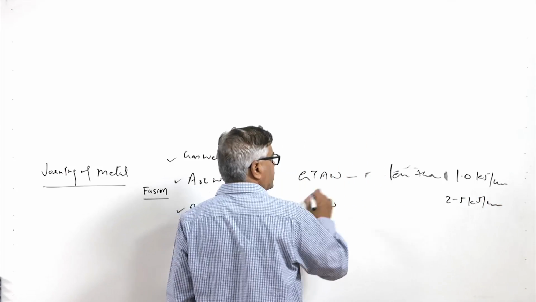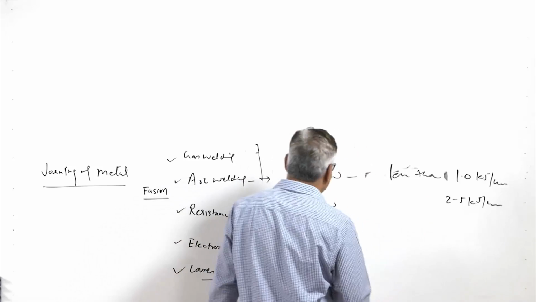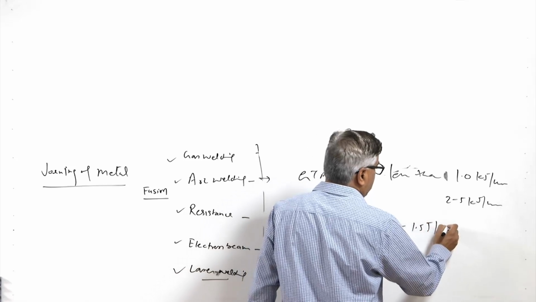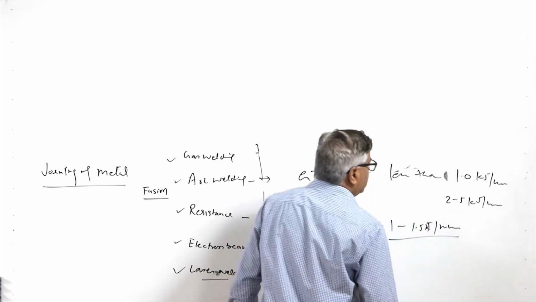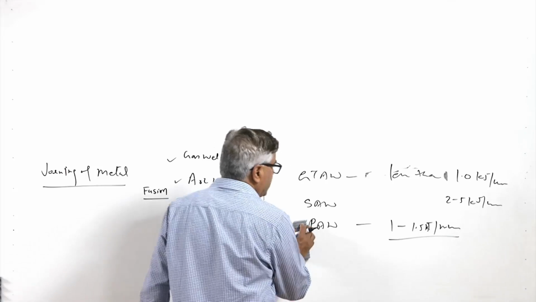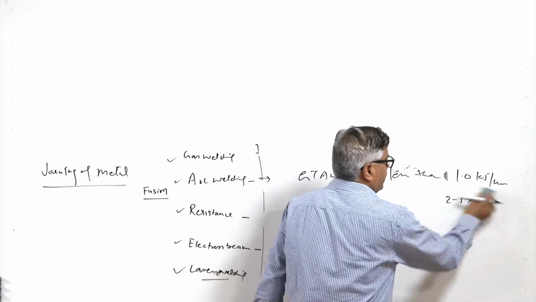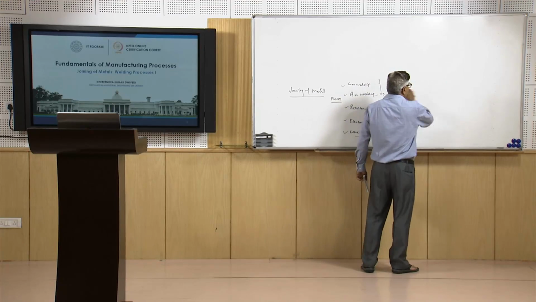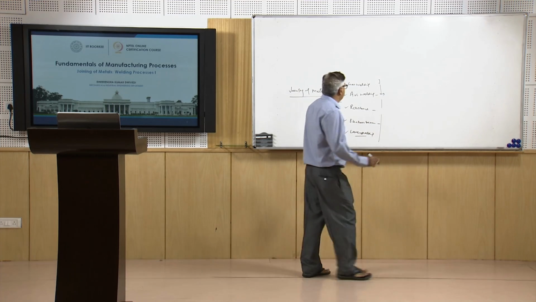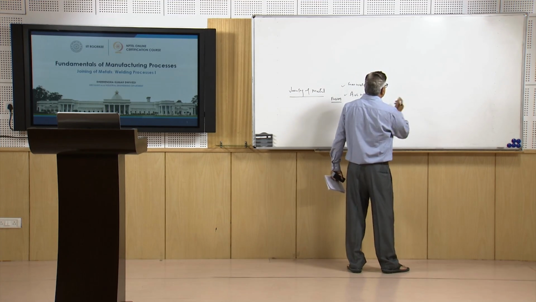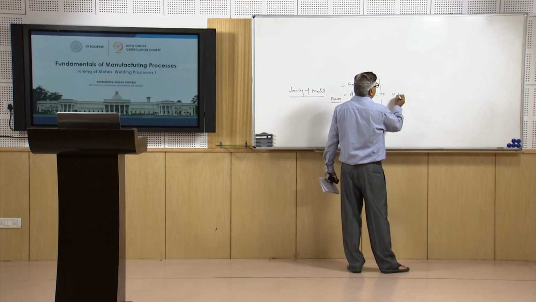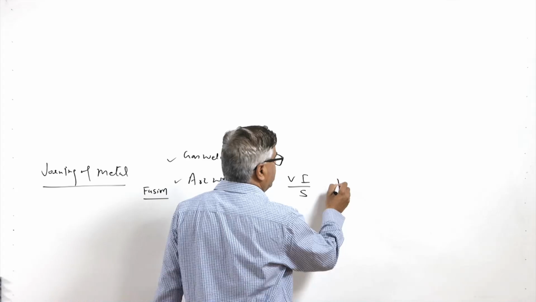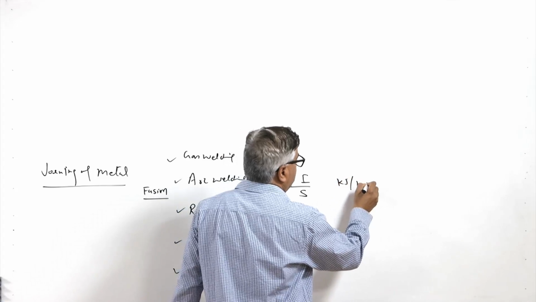For GMAW it is in between, and for PAW it is about 1 to 1.5 kilojoule per mm. Depending upon the net heat input delivered, the weld pool size and cooling rate are affected. So in arc welding, depending upon the process, we determine the power of the arc VI, and with the speed, the heat input in kilojoule per mm.